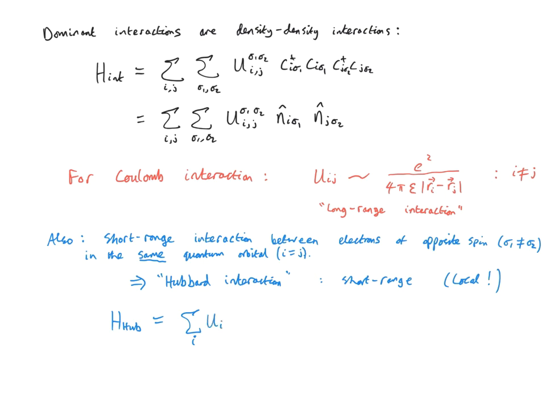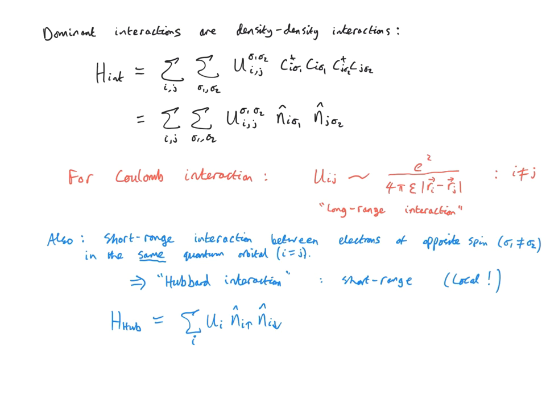Our enormous 8-index interaction tensor now just becomes a sort of vector, if you like, with a single index in site space. And then the actual operators in the Hamiltonian for a given site i involve the interaction between the up and the down electrons on that site.